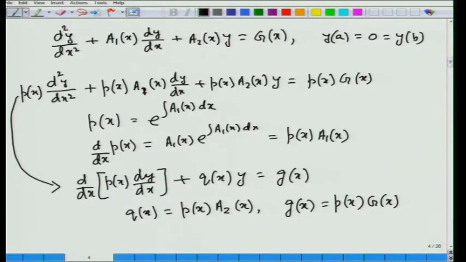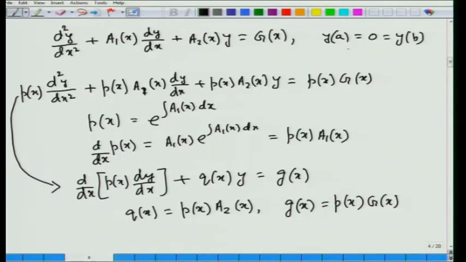Just note that we have made some rearrangement of the terms, or you can say used the transformation p of x equal to this one, and in this process we have not disturbed anything on y. So, the boundary condition y of a equal to 0 equal to y of b remains unaltered. So, this problem can be written as a Sturm-Liouville boundary value problem.